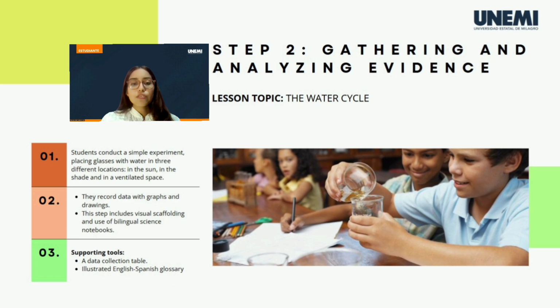This step includes visual scaffolding and use of bilingual science notebooks. In addition, students can use support tools such as a data collection table, a picture of each site, and an illustrated English-Spanish glossary, including words such as evaporation, heat, shade, wind, among others.